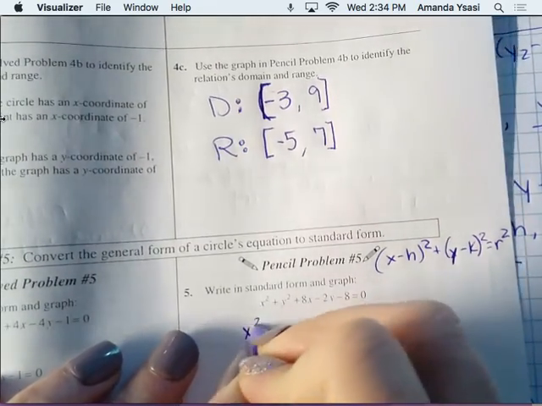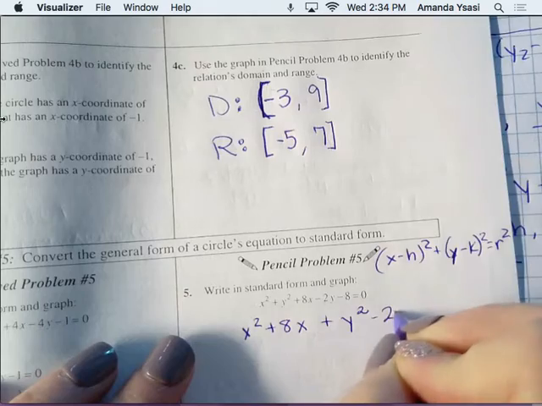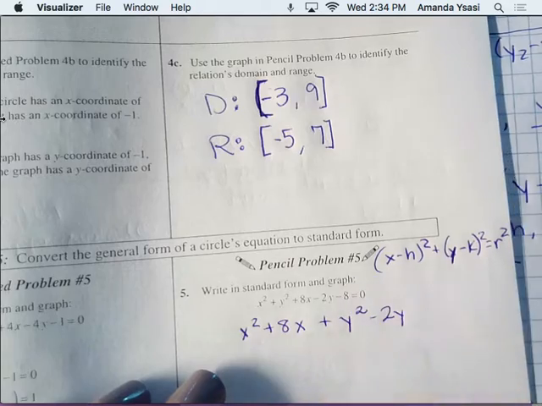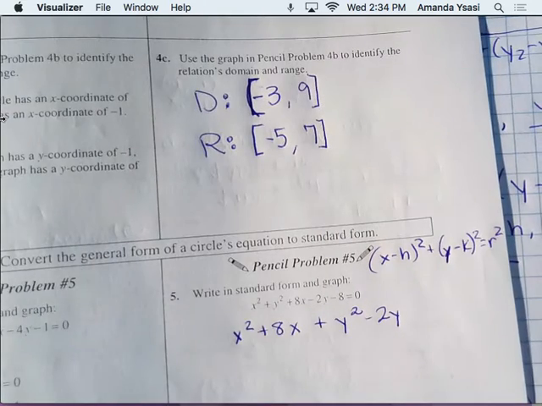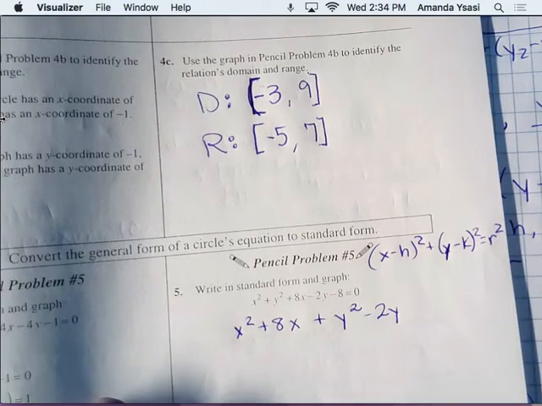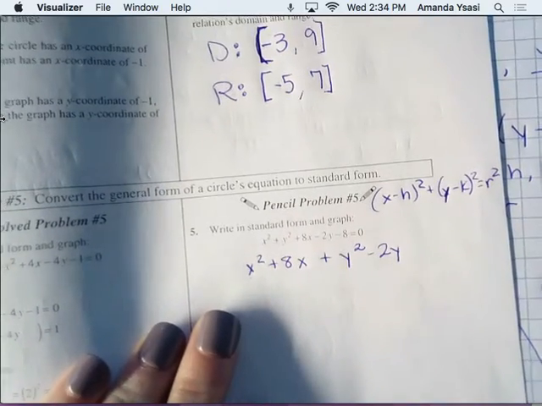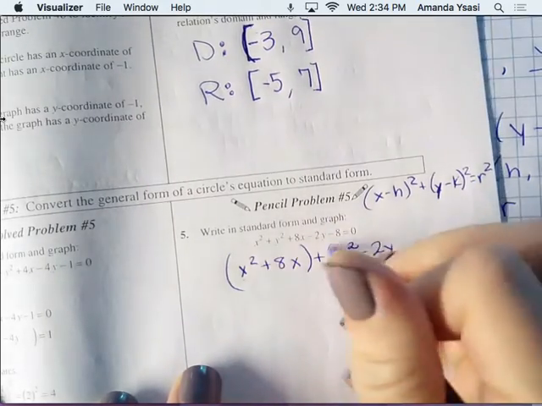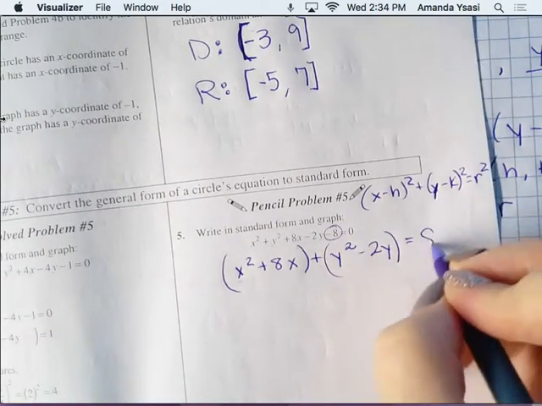So we'd have x squared plus 8x plus y squared minus 2y. And we need to move that 8 over to the other side. So b equals 8.